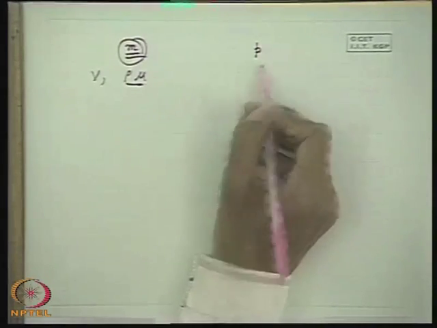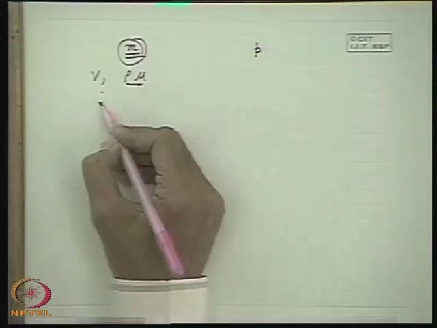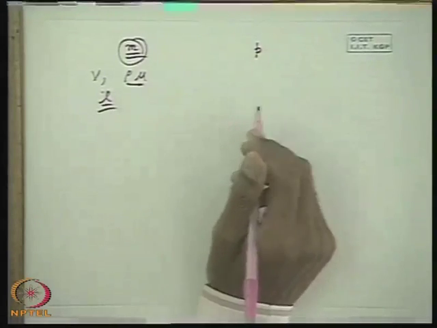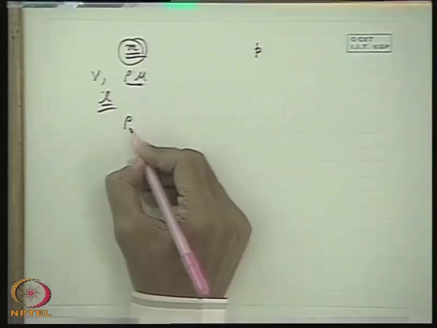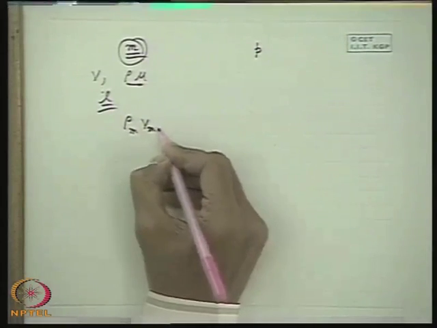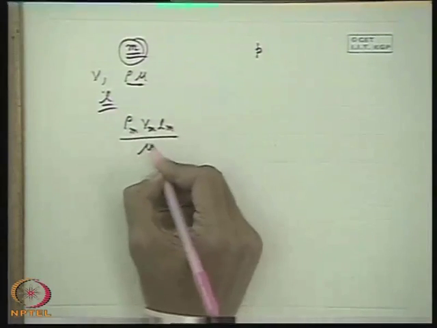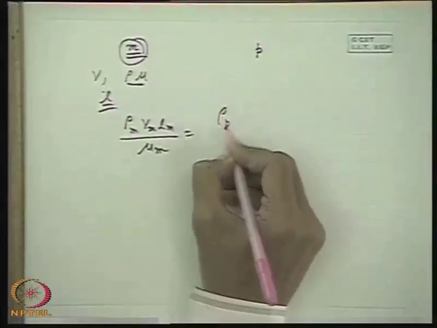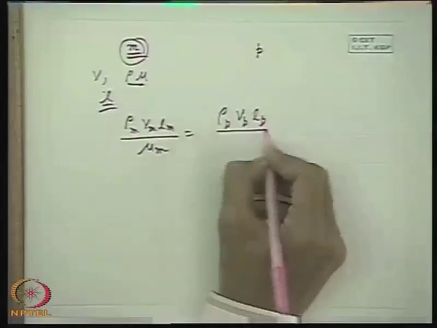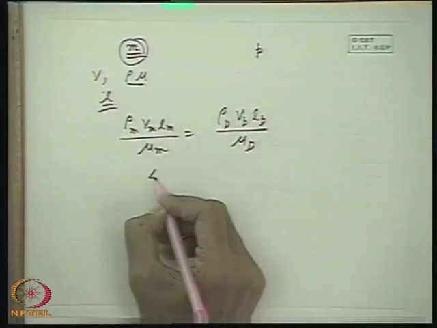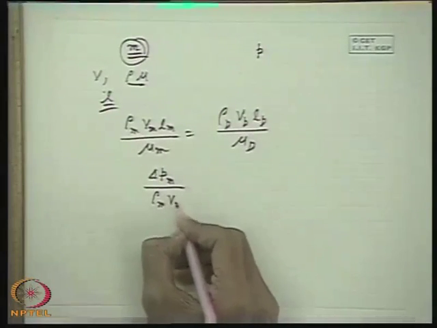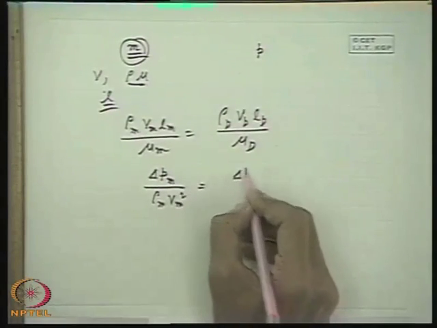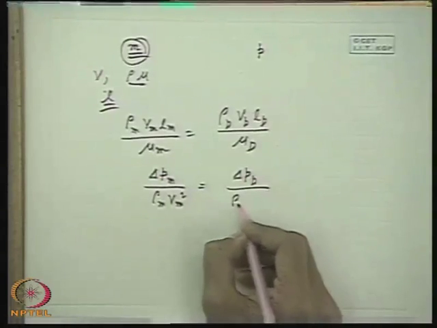In actual practice I can choose a different characteristic length, but in such a way that rho m Vm Lm by mu m is equal to rho p Vp Lp by mu p, and similarly delta Pm by rho m Vm square is equal to delta Pp by rho p Vp square.